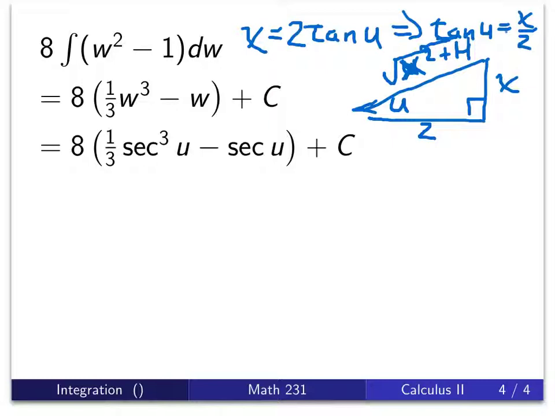And so for the secant of u, I remember the secant is the reciprocal of the cosine. Cosine is adjacent over the hypotenuse, so the secant will be the hypotenuse over the adjacent. So every secant that I have will become the square root of x squared plus 4 over 2.